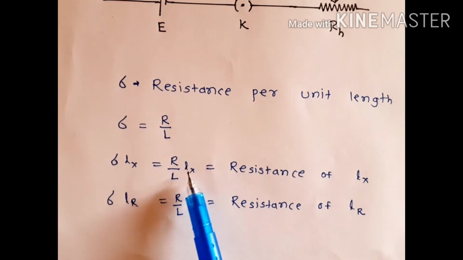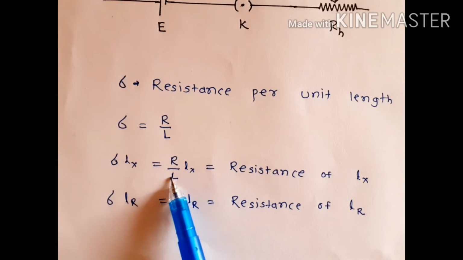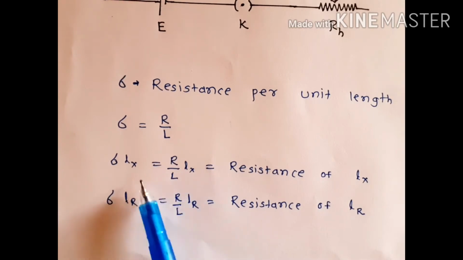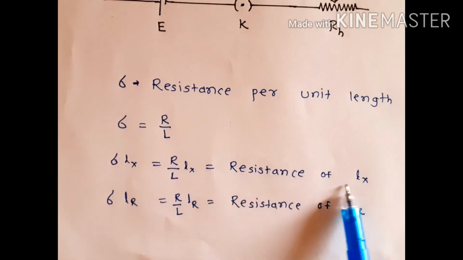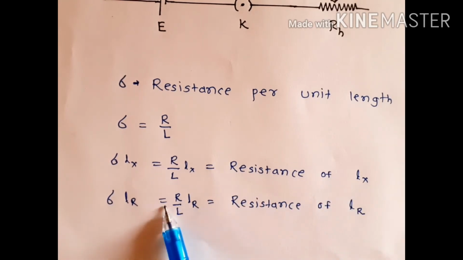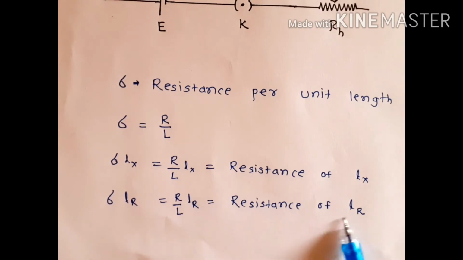Length cancels, therefore the remaining term is a resistance, the resistance of Lx. In a similar manner, sigma Lr is equal to capital R divided by capital L into Lr, which is the resistance of Lr.